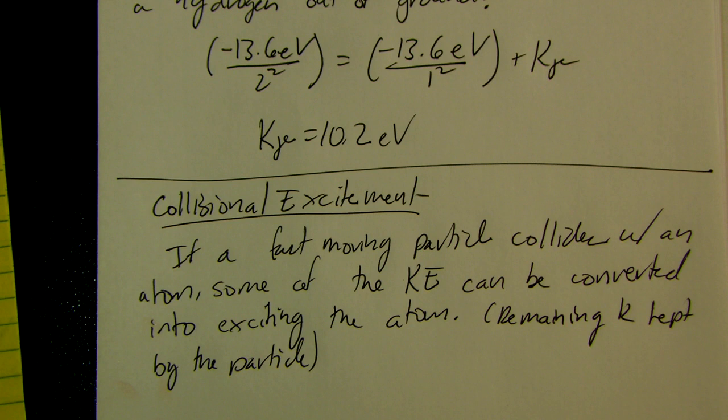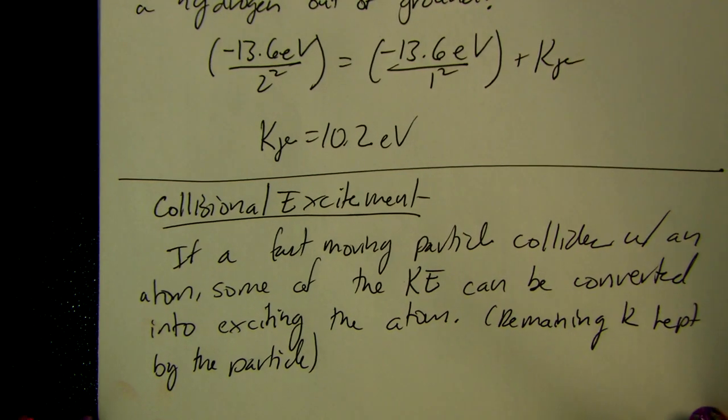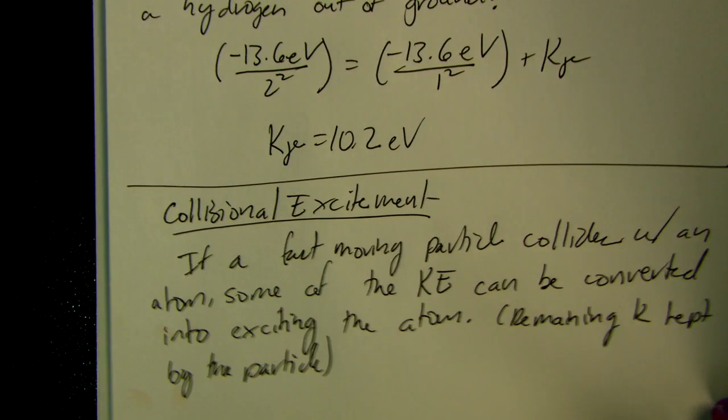Which is pretty useful. All right, so let's look at an example of collisional excitation so we can see how this works. Once again, the atom will take exactly the right amount that it needs. It won't take anything more, and it won't accept anything less. So in this case, we're going to look at exciting mercury.